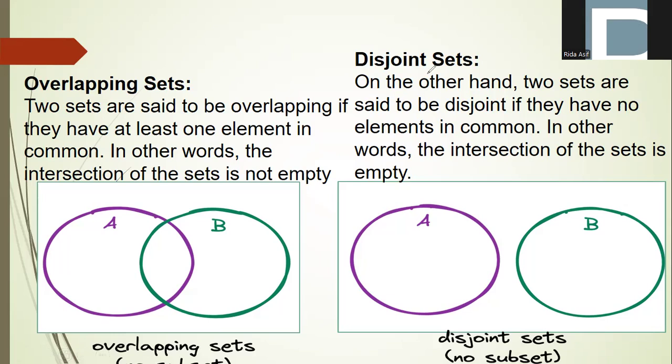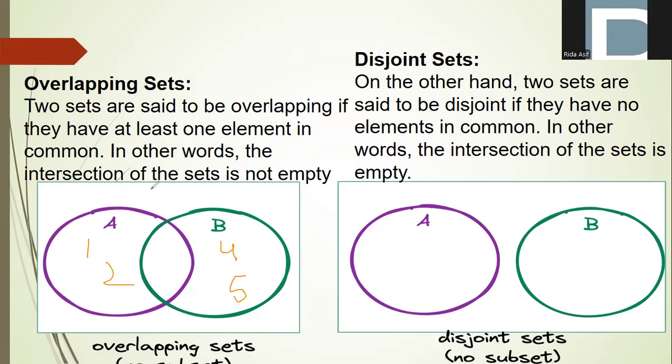For example, students, for overlapping sets, if set A contains 1, 2, and 3, right? And set B contains 3, 4, and 5. Where do I have to place 3?